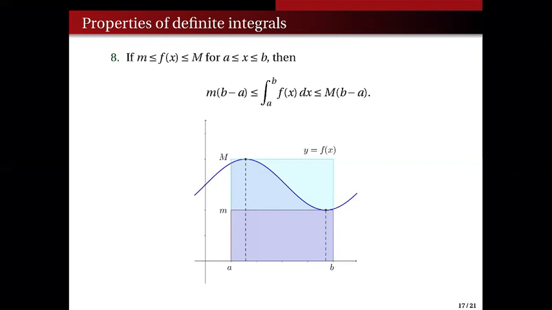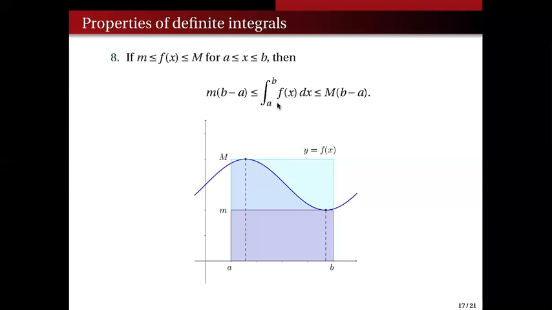And then this sky blue, together with this purple, is the region bounded above by your function f. And then this very light blue here is part of the rectangle with height capital M.